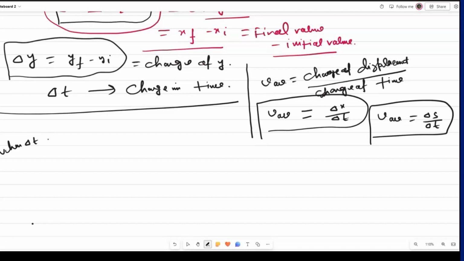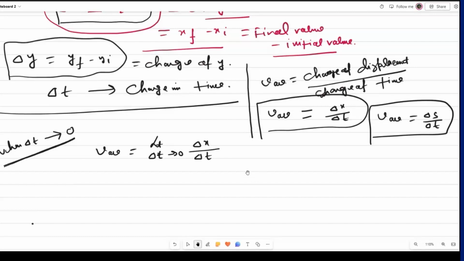Now, when this delta t is very small, we use this mathematical symbol, delta t tending to 0. I mean, when delta t approaches 0, we write this manner: limit delta t tending to 0, delta x by delta t.